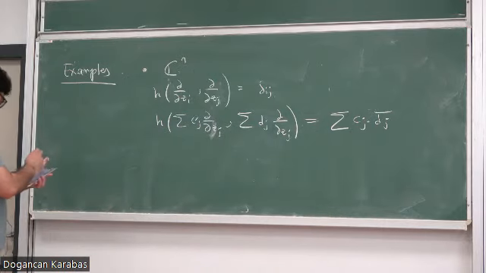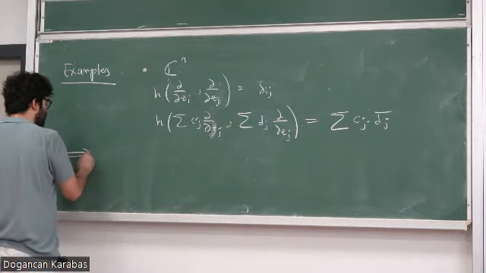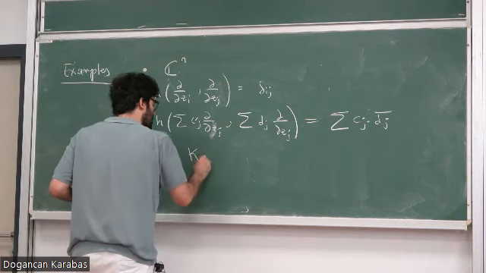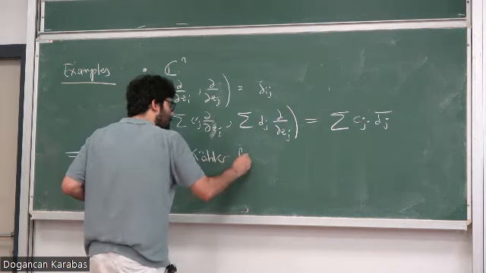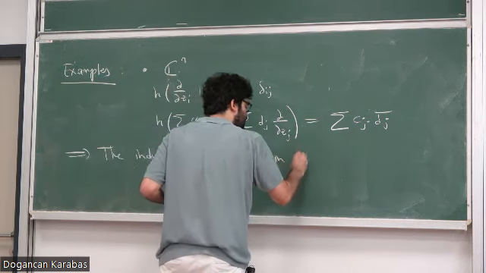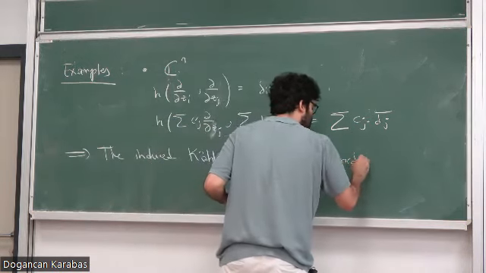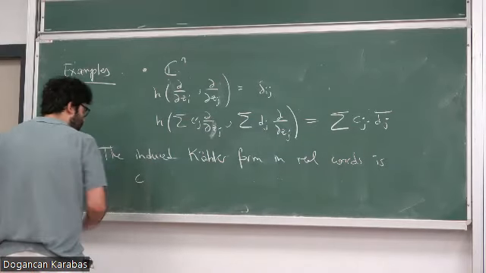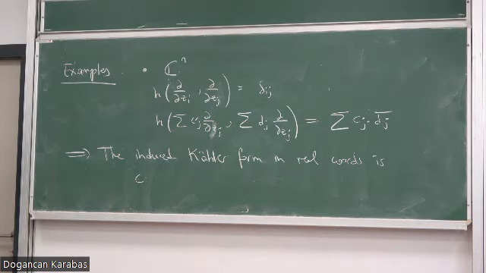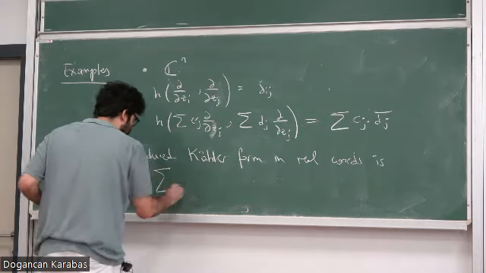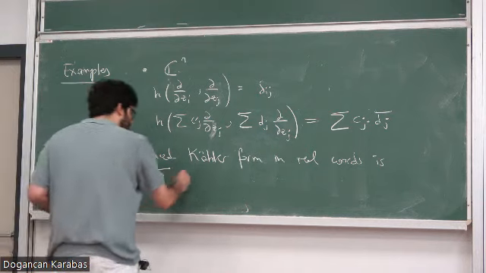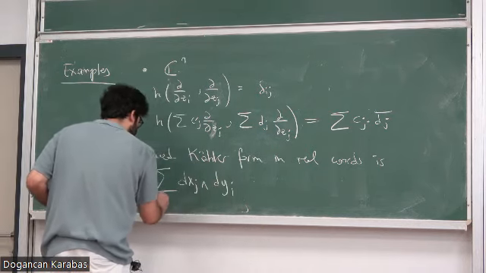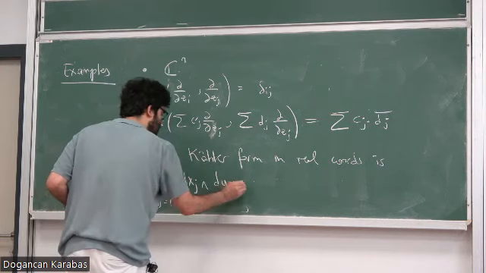And then you can work out from this the induced Kähler form. In real coordinates, it is just some real constant that I don't want to compute, times the sum of dx_j wedge dy_j, from j equals 1 to n.